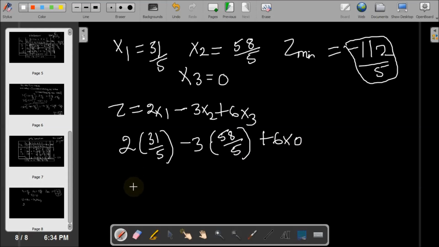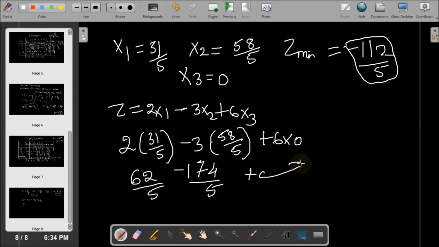Here 2 into 31, I can write this as 62 by 5, and minus 174 by 5. Calculate, guys, you will get it. Minus 174 by 5 plus 6 into 0 is 0, right? 6 into 0 is 0 only.